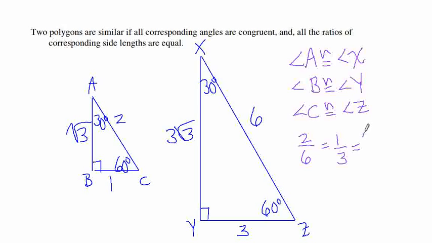So that gives square root of 3 divided by 3√3, and all of those fractions are equal. The angle pairs are all congruent, so therefore we can say for sure that these 2 triangles are similar.